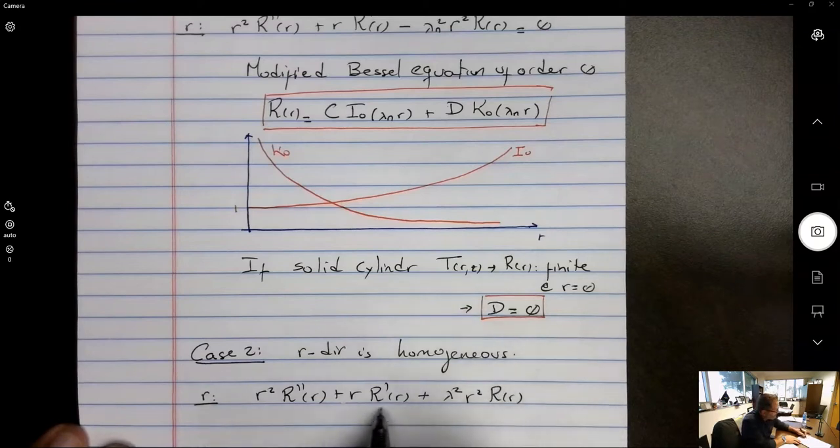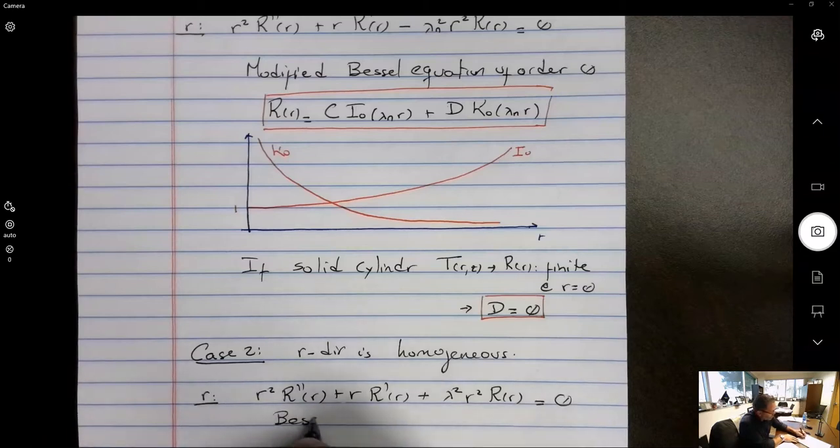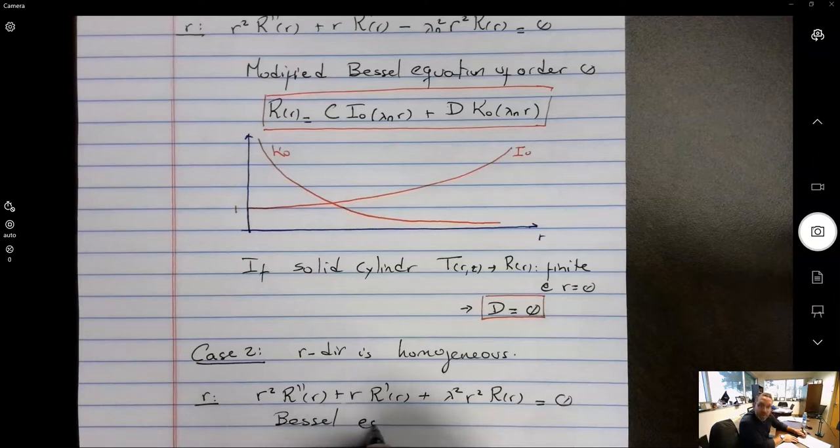Now, this one is a regular Bessel equation with a plus sign. But it's the order 0 equation. So this is the Bessel equation of order 0.